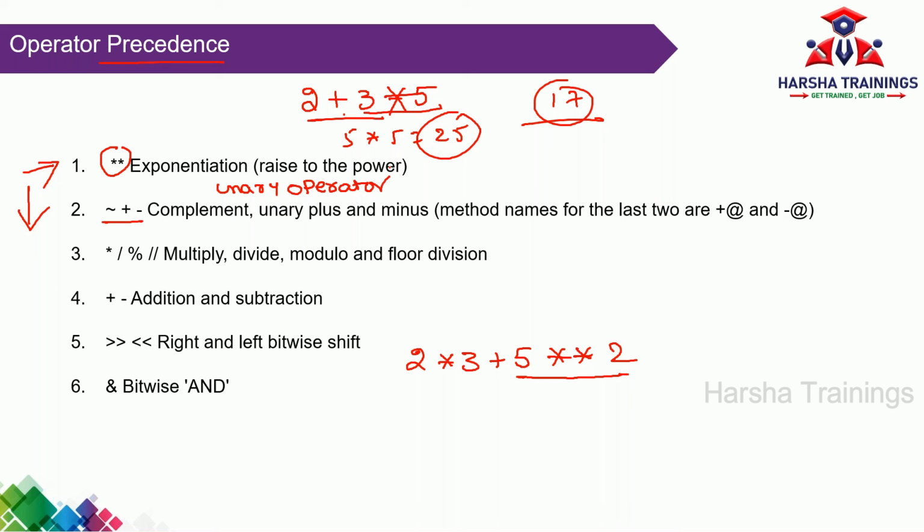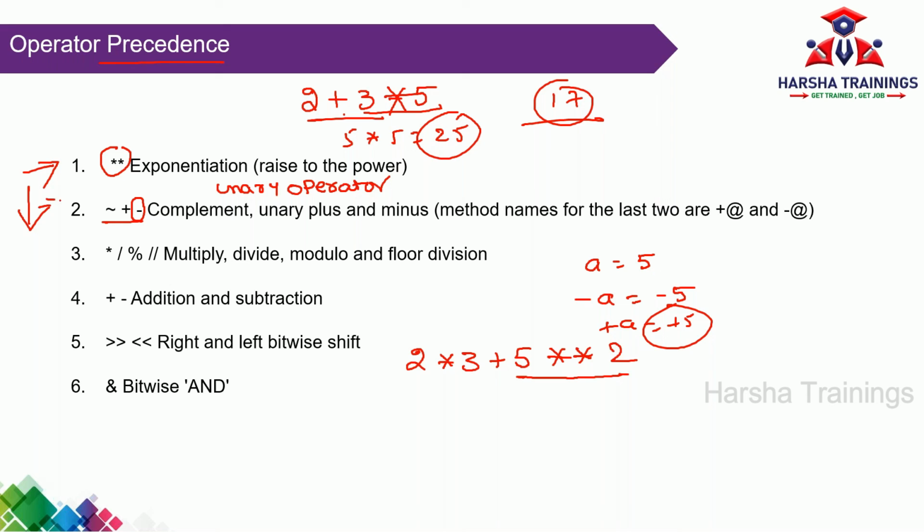For example, a is equal to 5: minus a is minus 5, plus a is plus 5. Unary minus simply changes the sign of the number. Complement performs a complement, converting ones to zeros and zeros to ones.